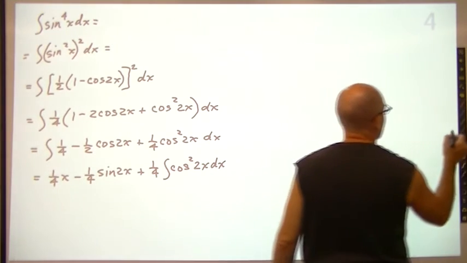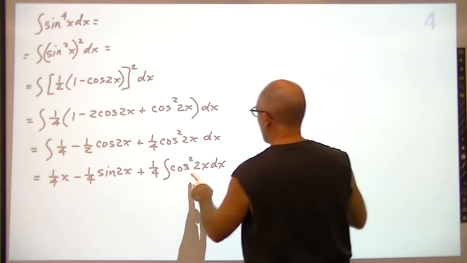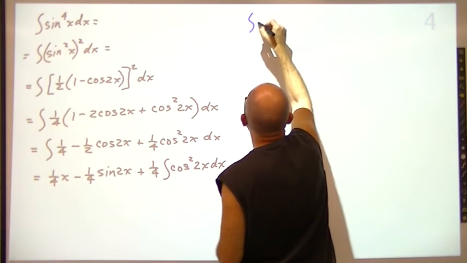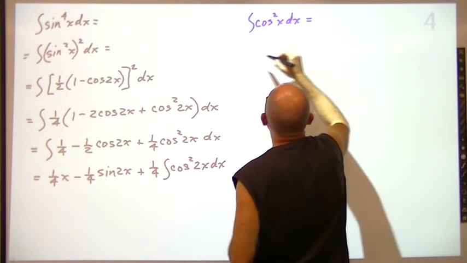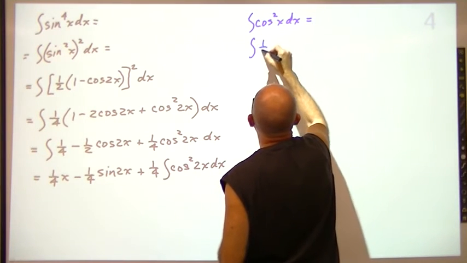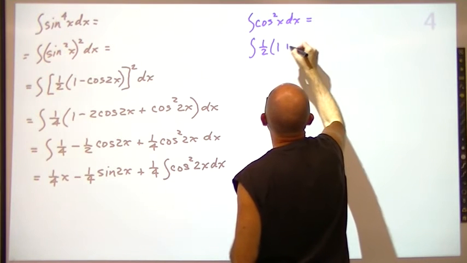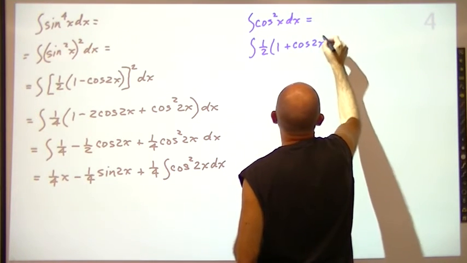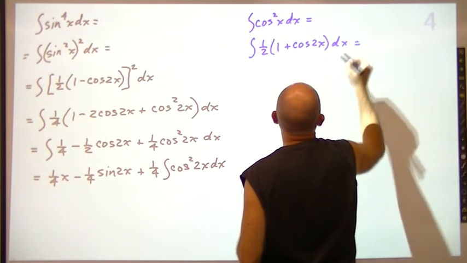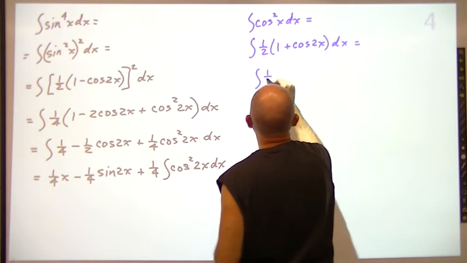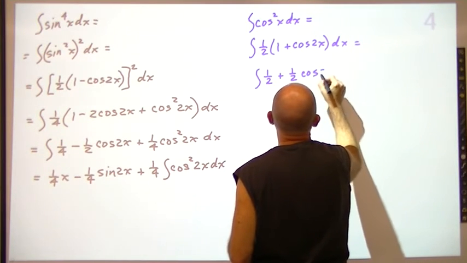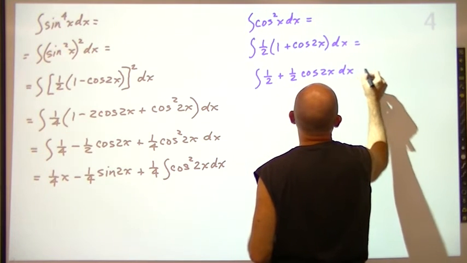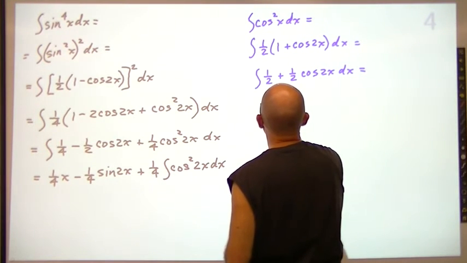Just to simplify this. We're going to go: the integral of cosine squared x dx equals the integral of 1/2 times the quantity 1 plus cosine 2x dx, which equals the integral of 1/2 plus 1/2 cosine 2x dx, which equals 1/2 x.